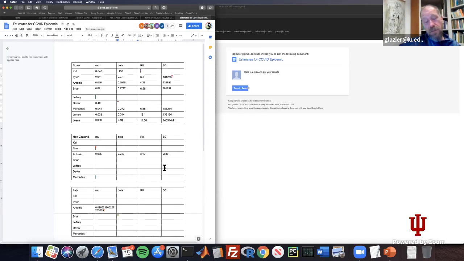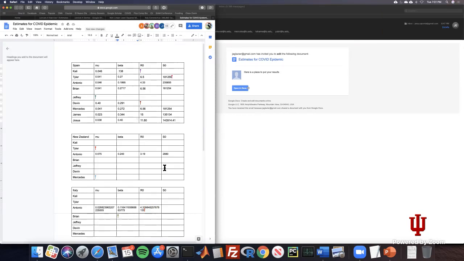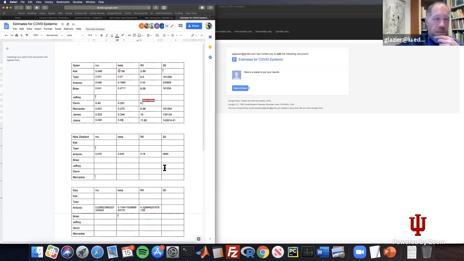I should probably have made this a Google Sheet instead of a Google Doc, and then we could have actually done the averaging in it. It might not be that hard to copy and paste the values over. You should be able to just copy it over to Excel. I wonder if I could turn it into a sheet.